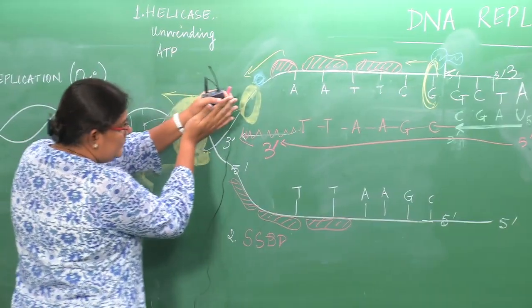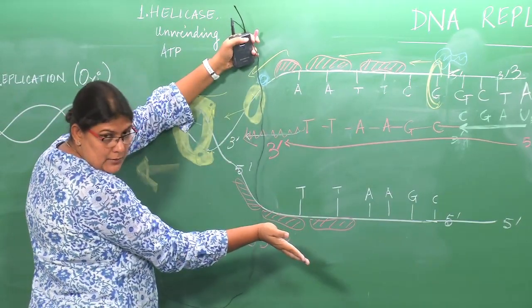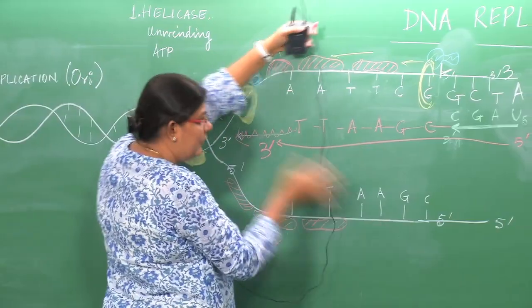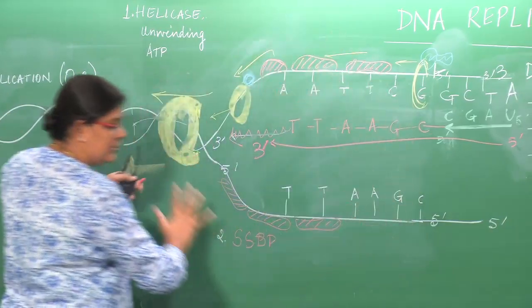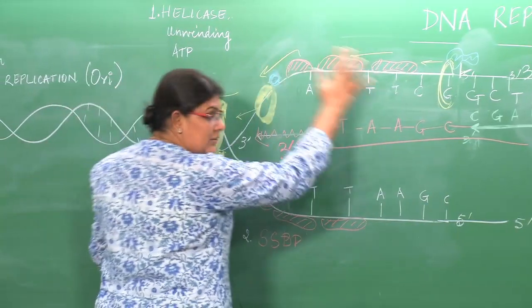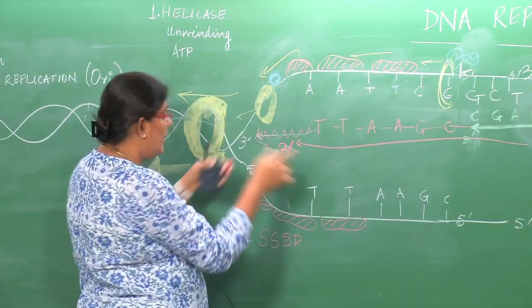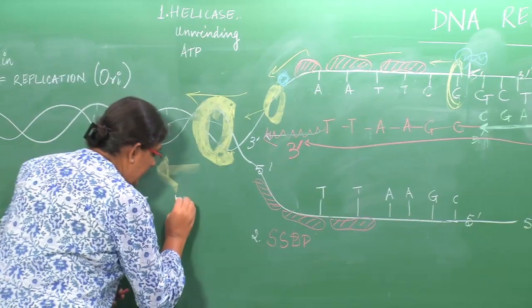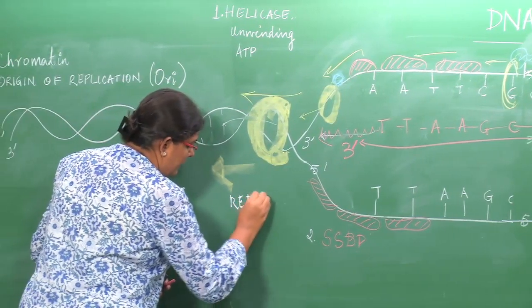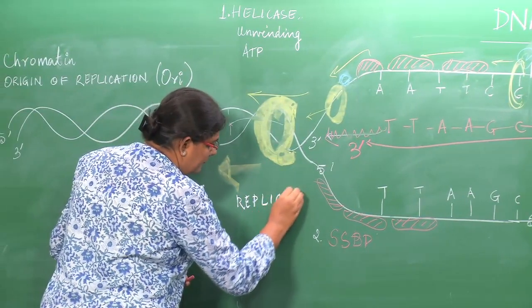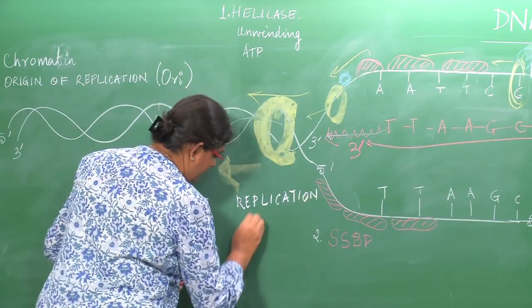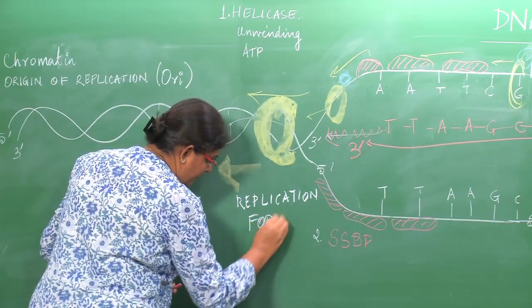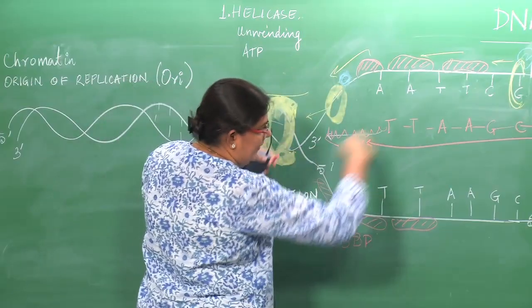One, as soon as the 2 strands have opened and got separated, you have the formation of a structure, and this structure, thanks to the uncoiling by the helicase, is called the replication fork. So, this is a replication fork.